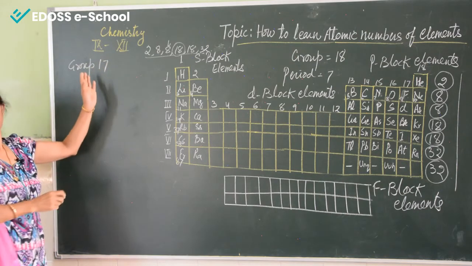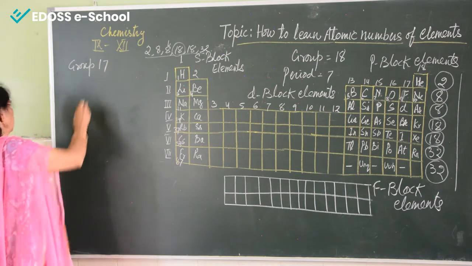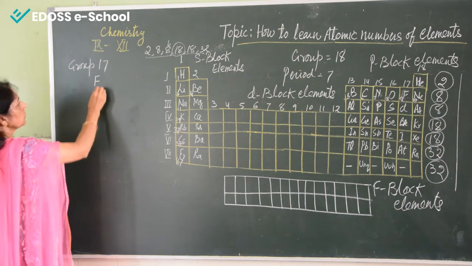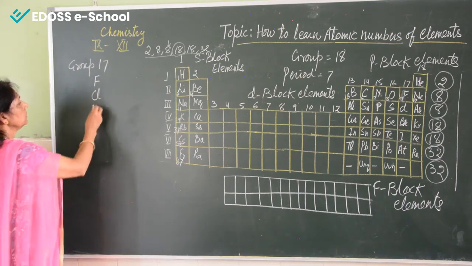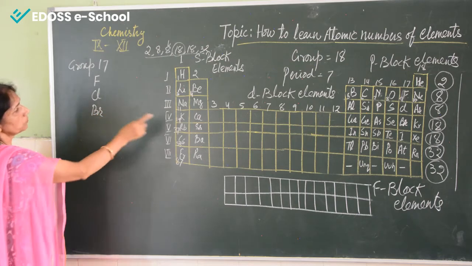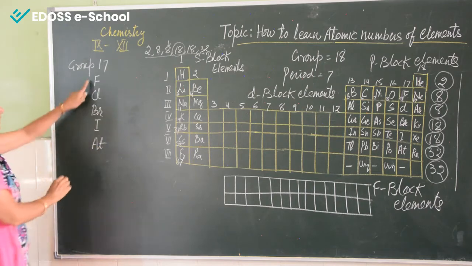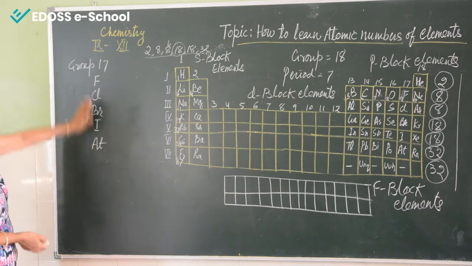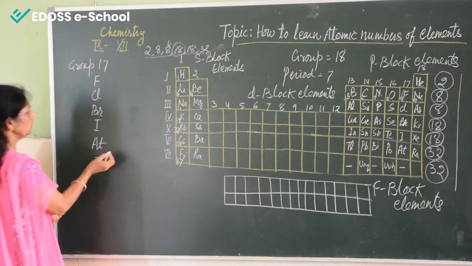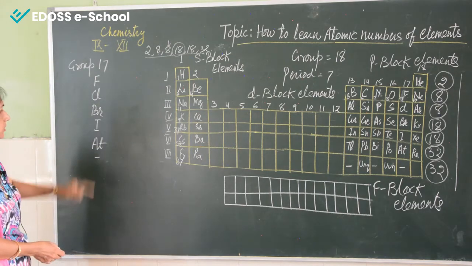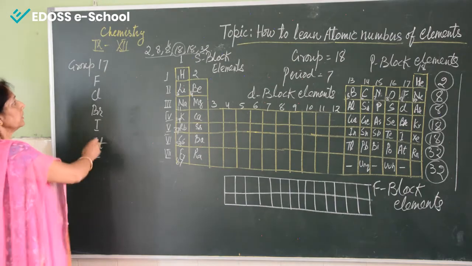So we will write here the names: fluorine, chlorine, bromine, iodine and astatine. Okay, so these are the 5 elements I have written, and one element is not given there, meaning it is not invented right now, or the name is not given here.